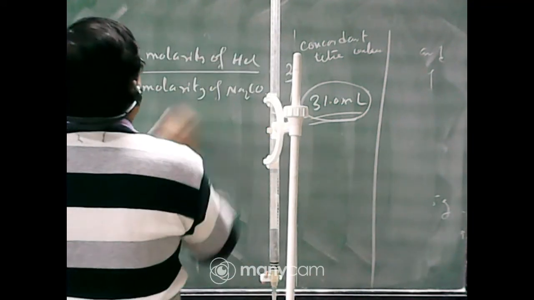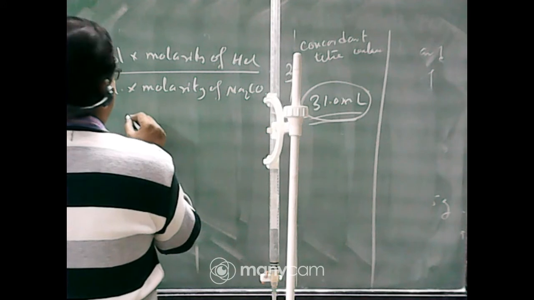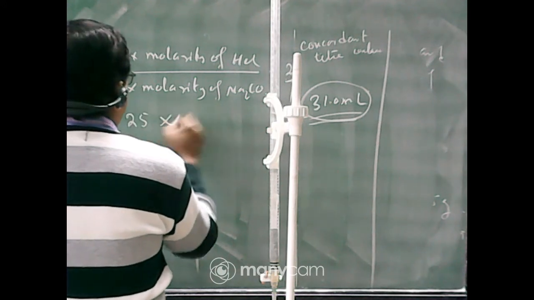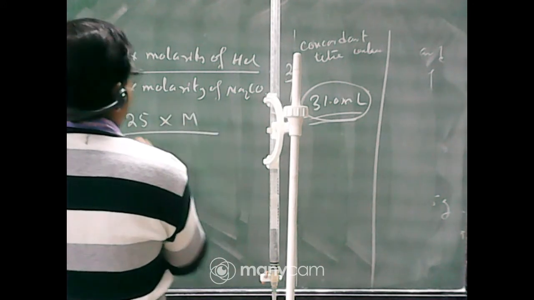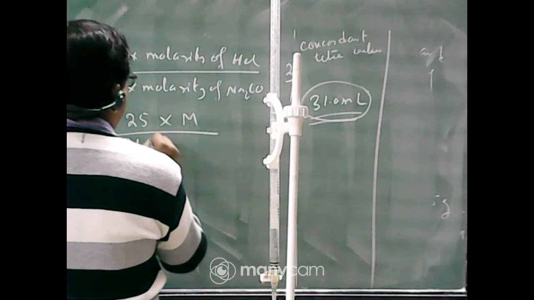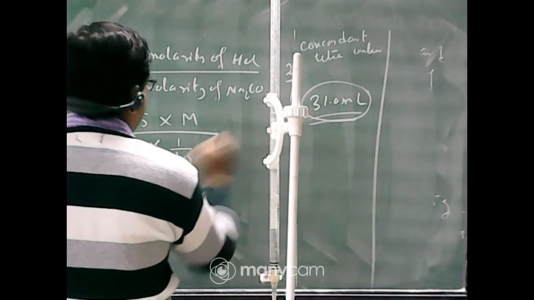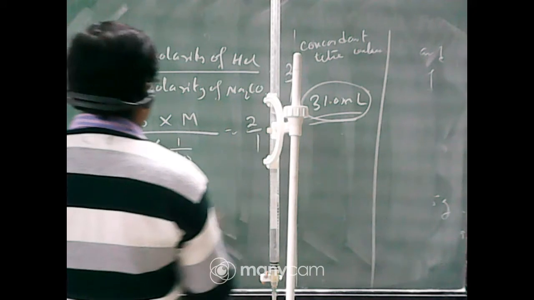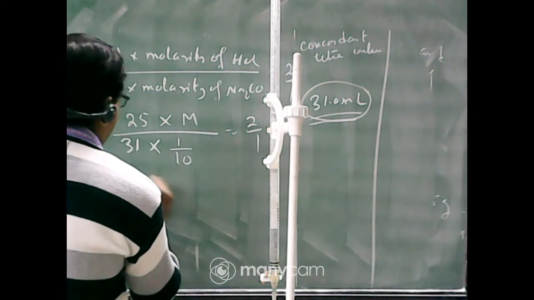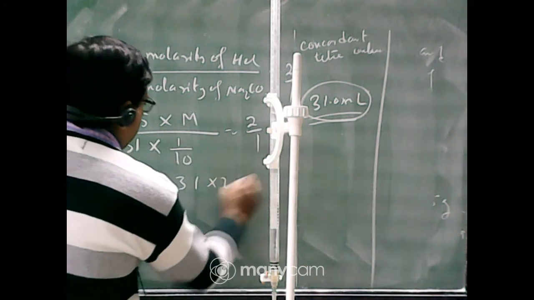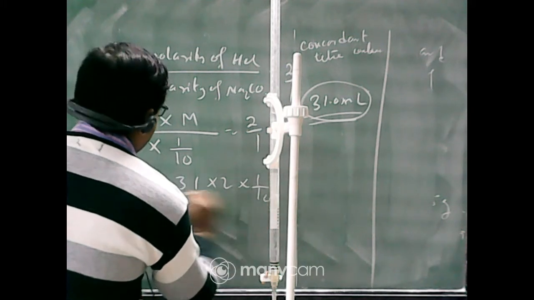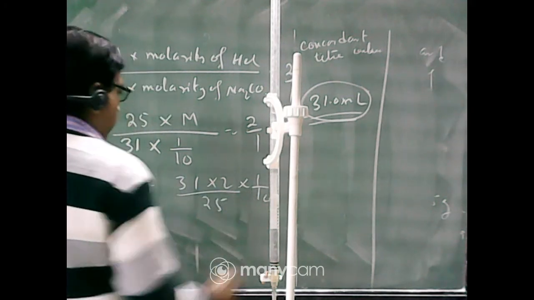So volume and molarity of HCl. What is the volume of HCl taken? 25. Molarity that you have to find out. Volume of Na2CO3 31 and molarity 1 by 10 equal to 2 by 1. Then M equal to 31 into 2 into 1 by 10 by 25.